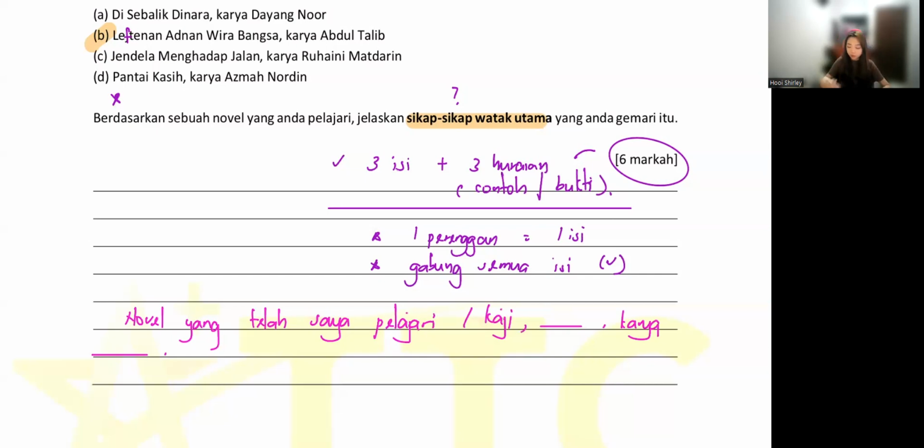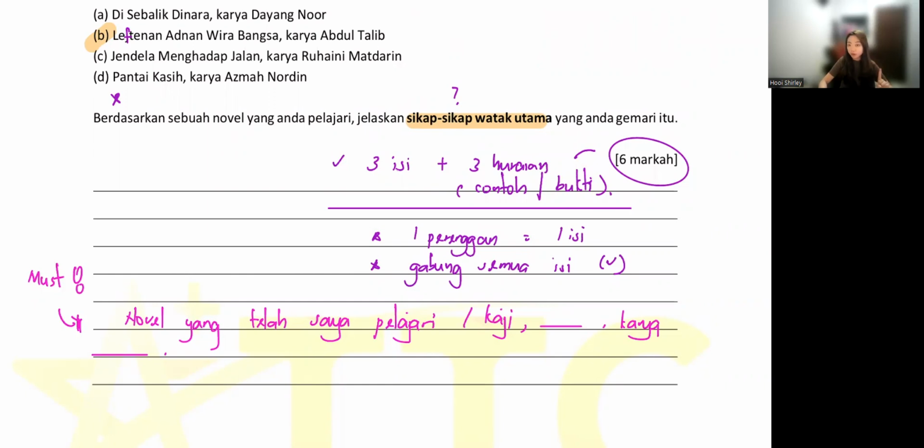So this is a general. And please remember, this is a must. This sentence is a must. Because if you never write this sentence, you directly write out the sikap-sikap watak utama and then give all the contoh, your teachers can also give you all wrong and you get 0 marks, huh? Because this sentence is compulsory. You need to write it out. What is the sikap-sikap watak utama from which novel?